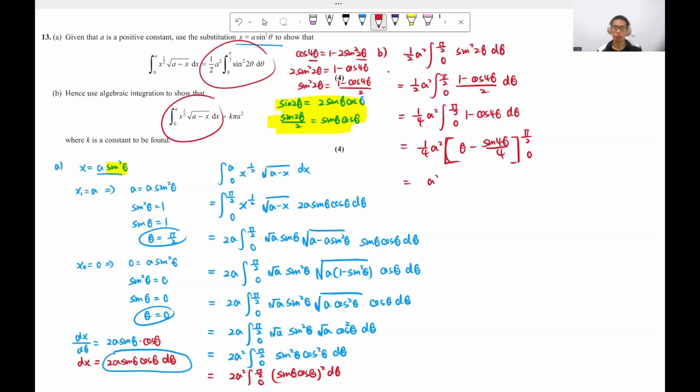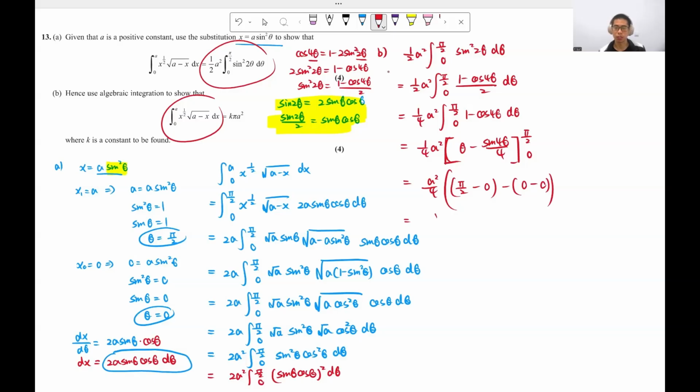So then a square over 4, big brackets, so that'd be pi over 2 minus sine 4 times pi over 2. 4 times pi over 2 is 2 pi, so sine 2 pi should just be 0, so we can just put 0 here. And then minus 0 minus sine 0 is also 0, so all these terms will become 0.